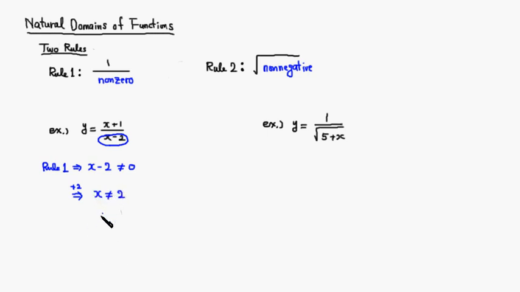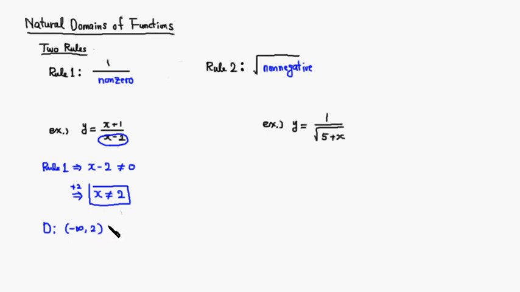So we can take this as a domain. This is all real numbers except for 2. Or if you want to write it in interval notation, this is another way to write the domain. So domain D is going to be, in interval notation, starting from negative infinity all the way to 2, but we use the parenthesis, so that means this is going to exclude 2.